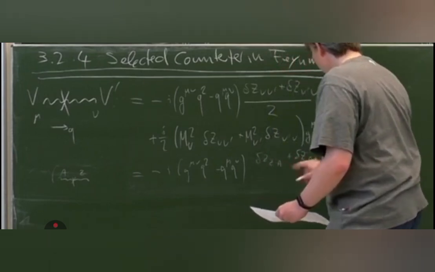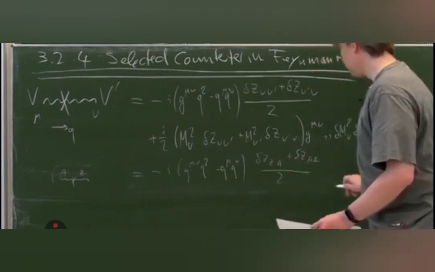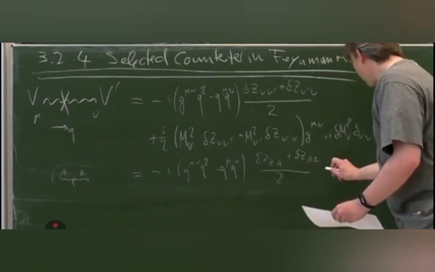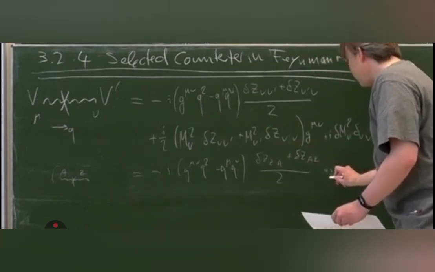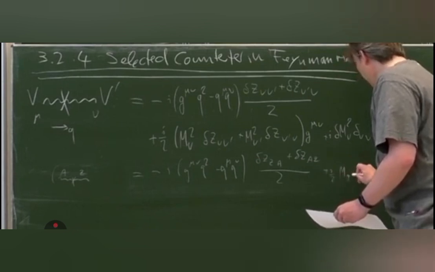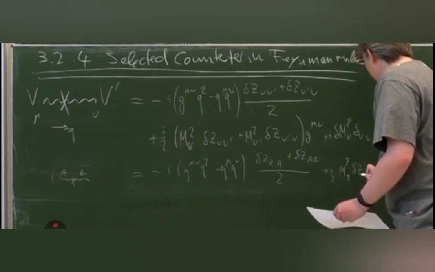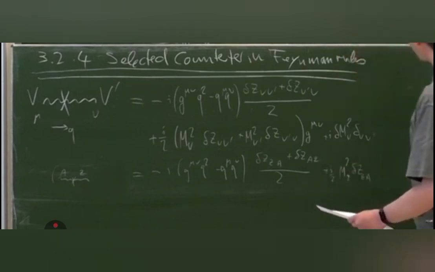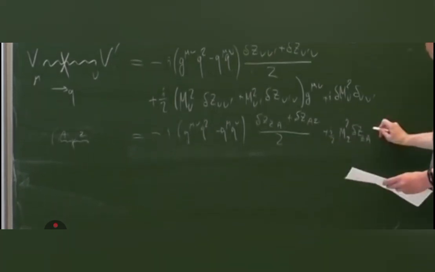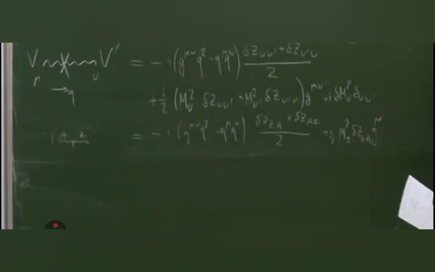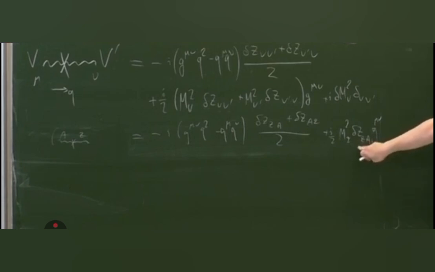The two are different, and from here plus i over 2 M_Z squared delta Z_ZA times g mu nu. So from the matrix, maybe I said it incorrectly, but because of the transpose, both matrix products only give rise to the same entry delta Z_ZA, but not to the other one. So here you see that they appear in an unsymmetric form.